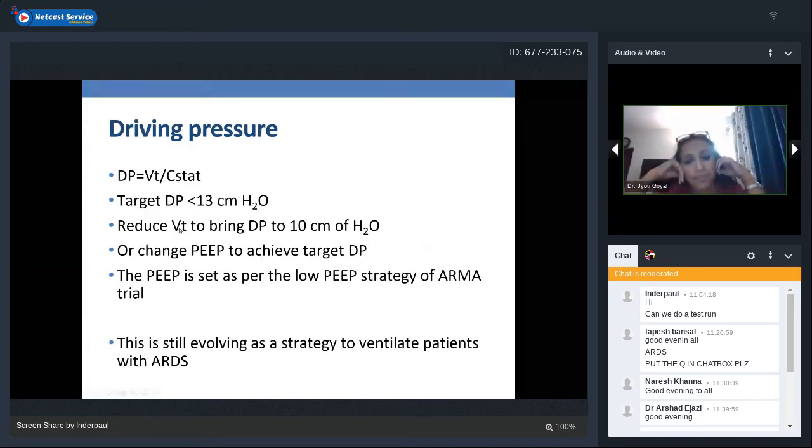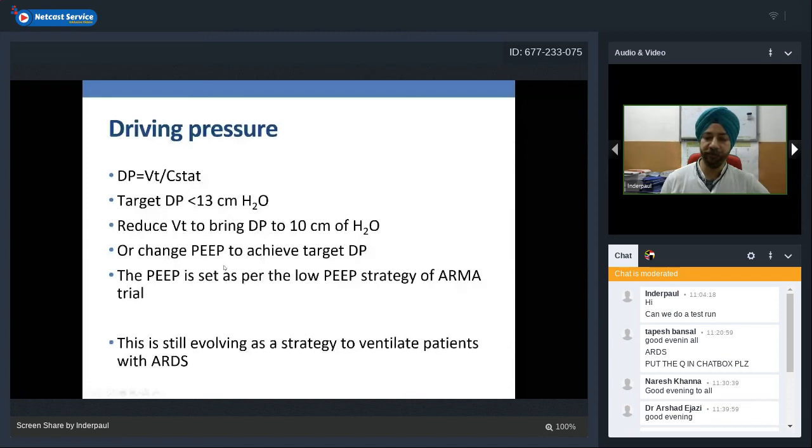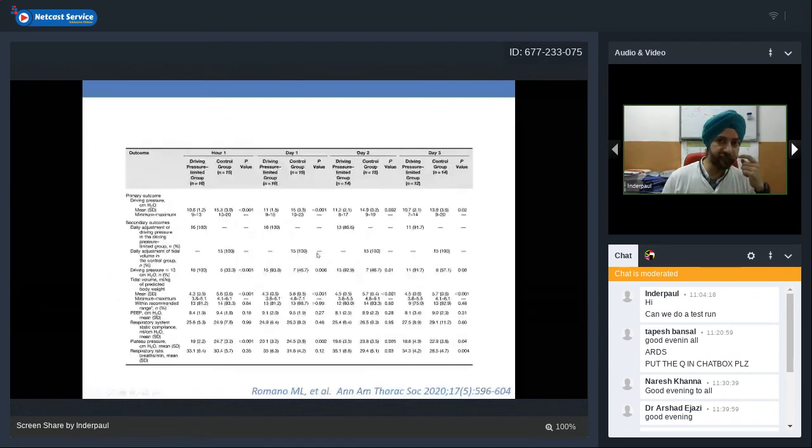So in a nutshell, this strategy is still evolving, and I tried to look at the literature for papers on that. I could find 2 papers. This is one of the RCTs, which ventilated patients targeting a driving pressure of 10 or less. What they did was set the PEEP and tidal volume accordingly, and then gradually reduce the PEEP.